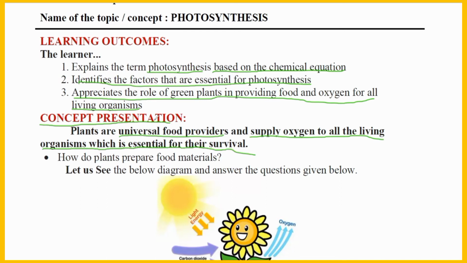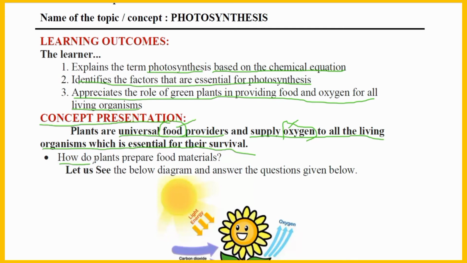Not only food, but also oxygen. This is most important. Food for growth, oxygen for survival. Both are released by the green plants only, by the process of photosynthesis.